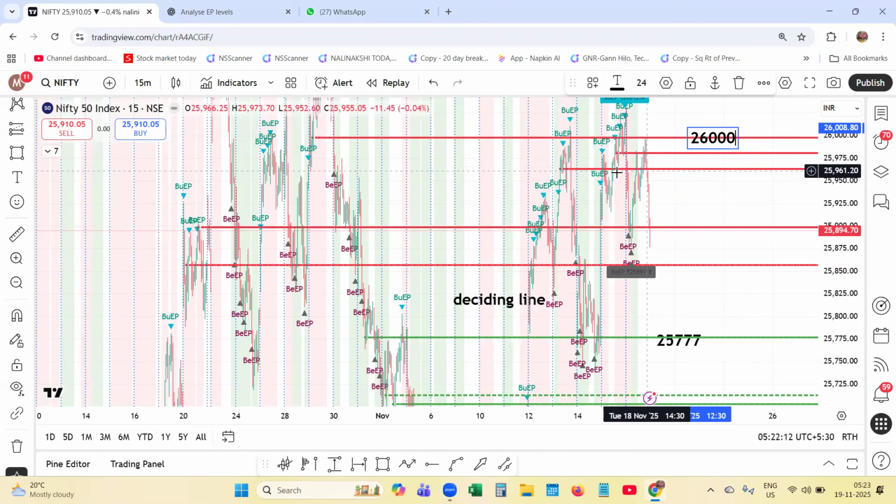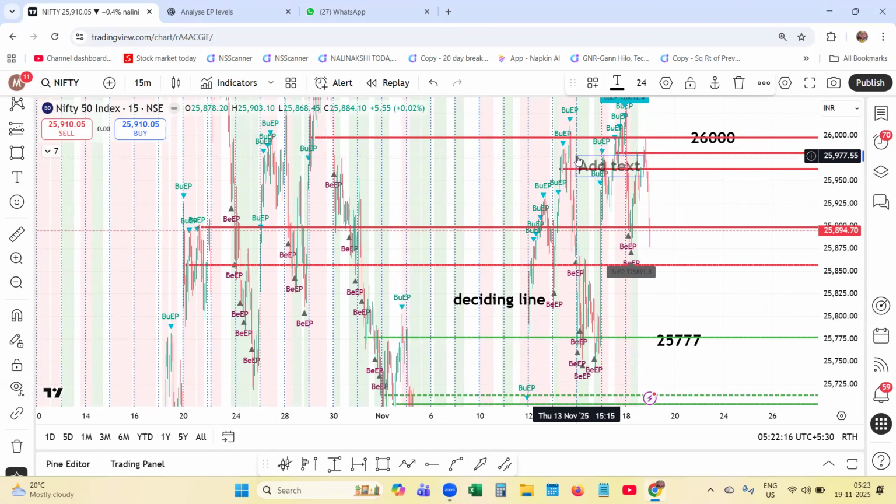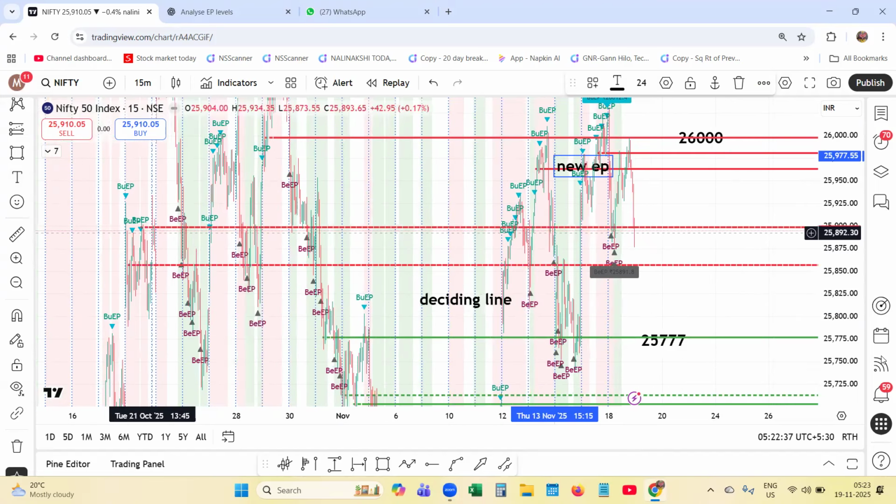These are the new EPs formed on the timeline. And this is the longer term. So these are the major resistance levels. And these are the lines running along the longer period from the historical period.